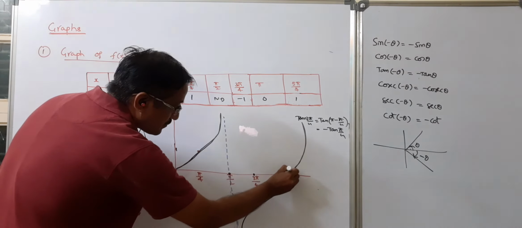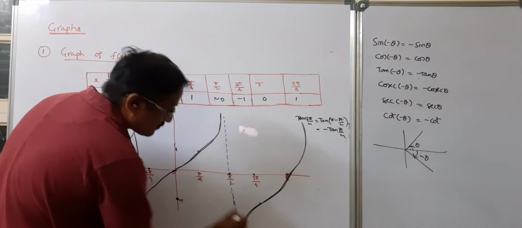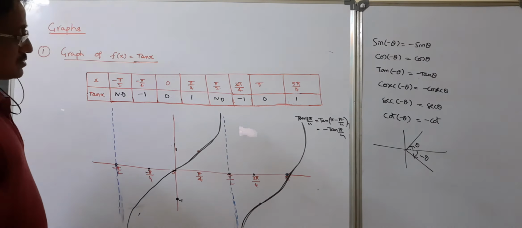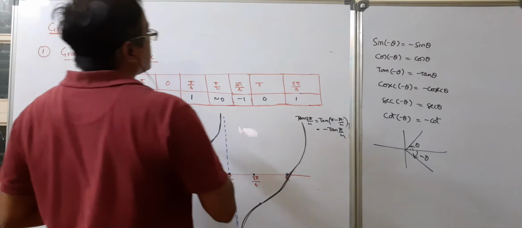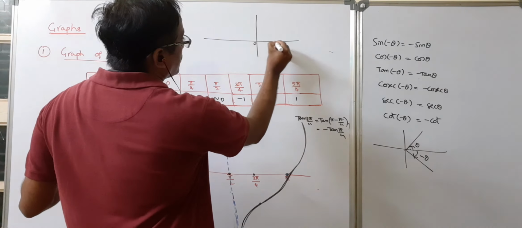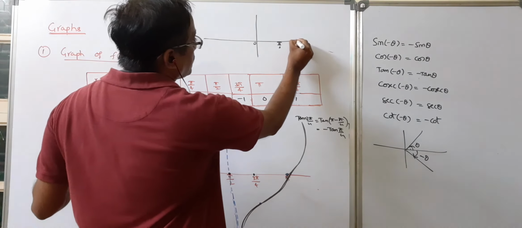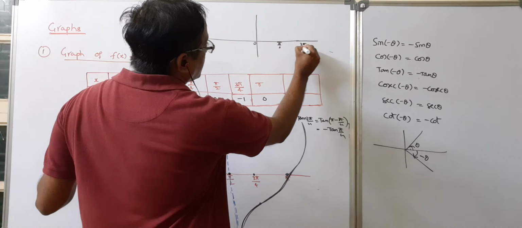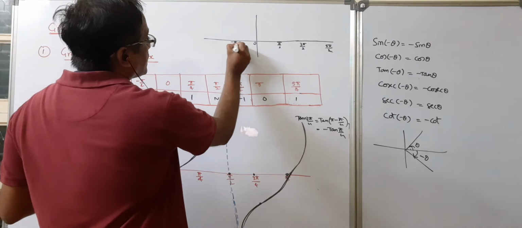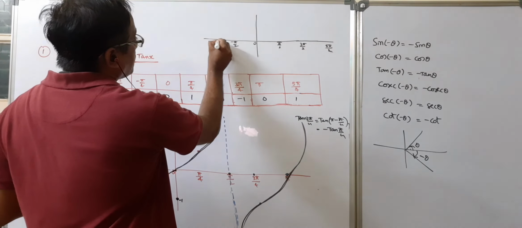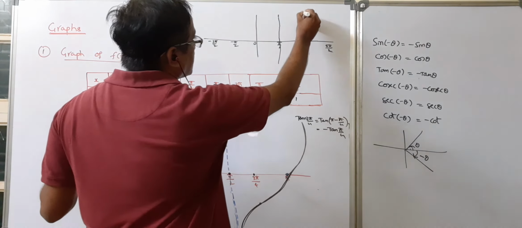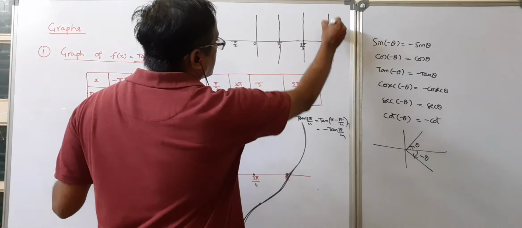So for the graph of tan x, pi by 2 is a vertical line, 3 pi by 2 is a vertical line, 5 pi by 2 is a vertical line, and minus pi by 2 and minus 3 pi by 2 are vertical lines. So first of all, you need to draw the vertical lines like this.